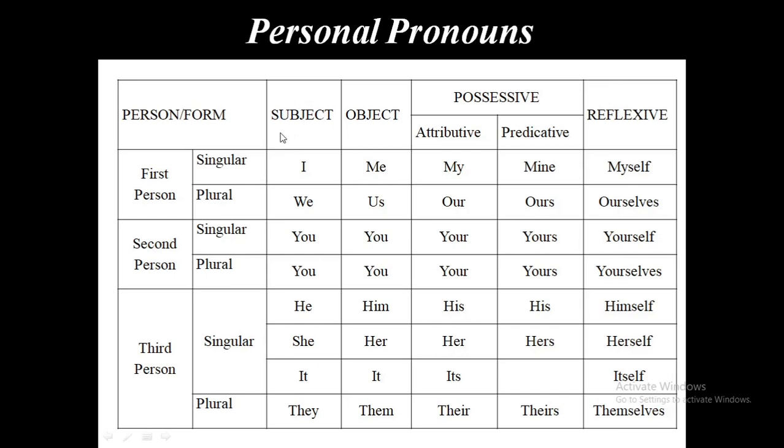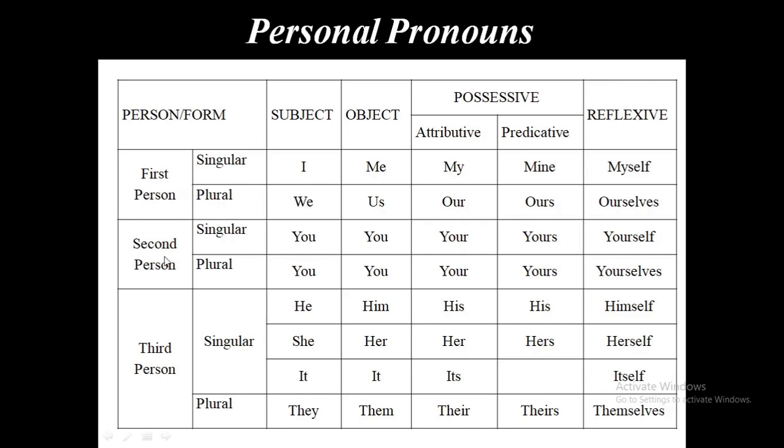So here you can see the subjective positions are seven. You cannot count 1, 2, 3 twice, because it can play the role of singular and plural. So 1, 2, 3, 4, 5, 6, 7. These seven are called subjective pronouns. What are they? I is a first person singular subjective pronoun, and we is a first person plural subjective pronoun.